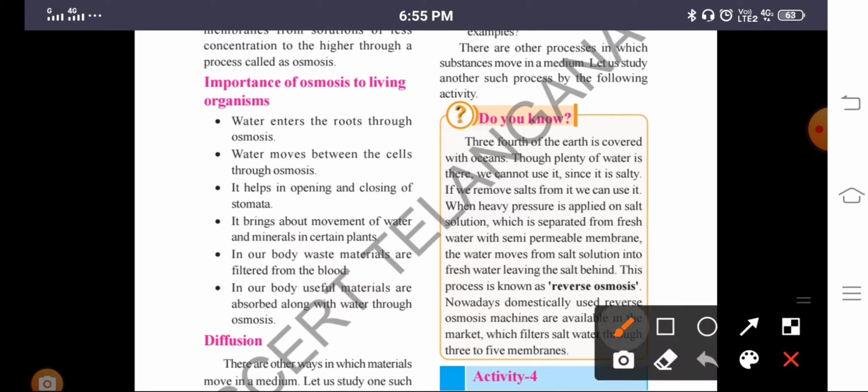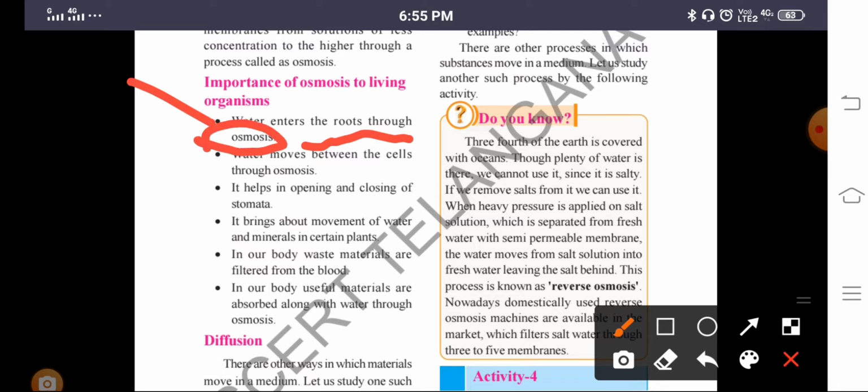So the first point is that water enters the roots through osmosis. Most important point: how can plants absorb water? This is the question, keep it in your mind. Plants absorb water by the roots through osmosis.